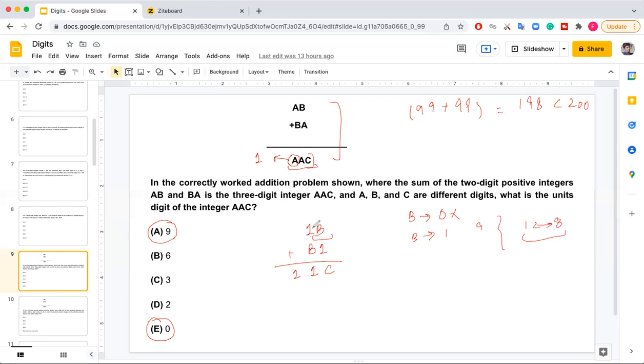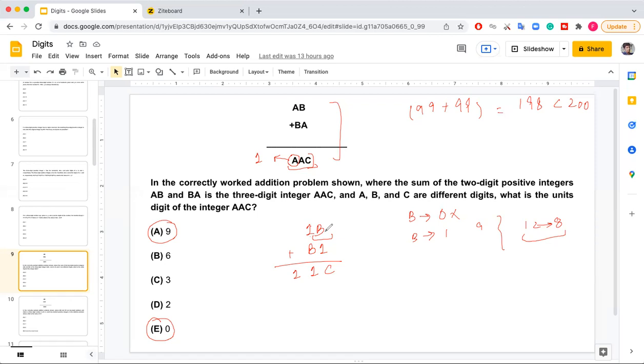For example, take any value of B from 1 to 8, which you think could be the value of B. We can't take 1 because it's saying A, B, C are different digits. So what could be the value of B here? 9.